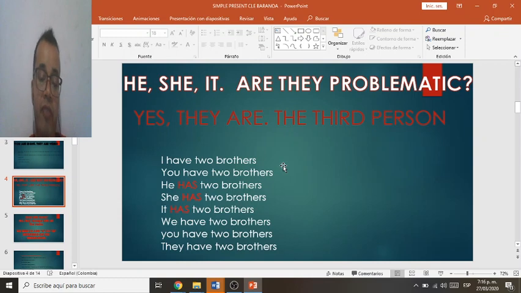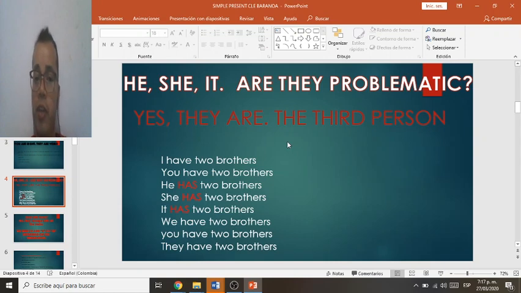In English, we have three problematic personal pronouns. They are always problematic. He, she, and it. Every time that you see he, she, and it, problems. Algo va a pasar. Why? Because he, she, and it are the most problematic personal pronouns in English.